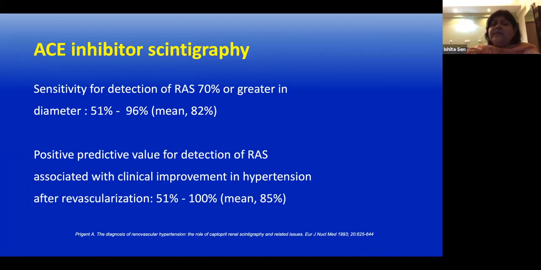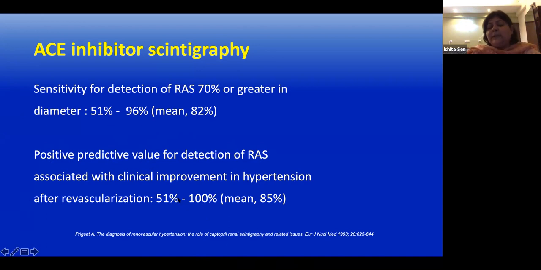And the sensitivity for detection of renovascular pathology depends on the degree of stenosis, and more importantly, it has a predictive value for the clinical improvement in hypertension after revascularization.